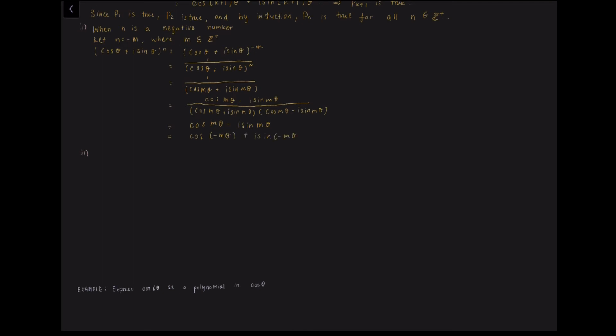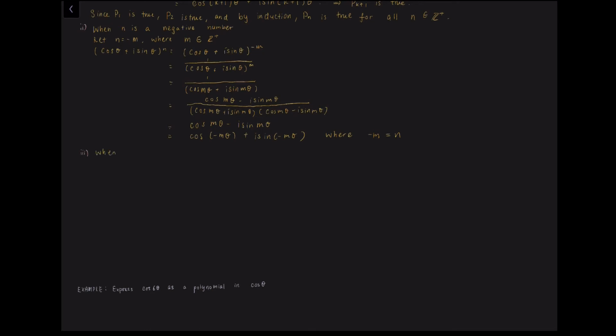Substituting negative m with n, we obtain back cos n theta + i sin n theta. Hence, the theorem applies to negative integers as well.